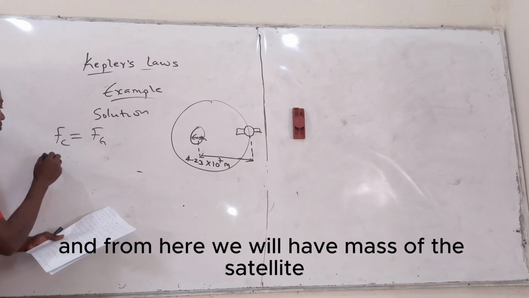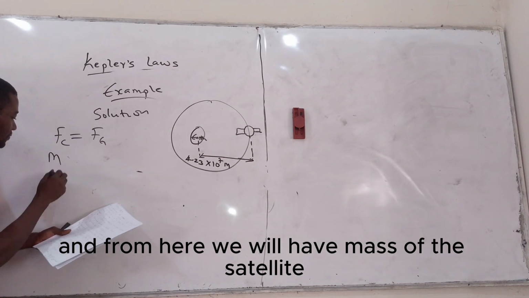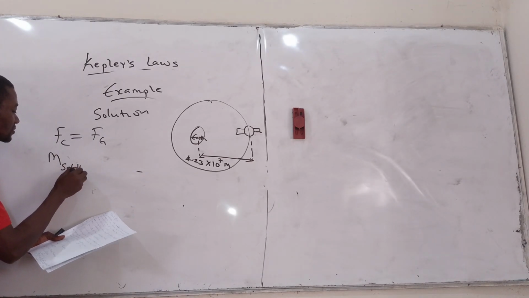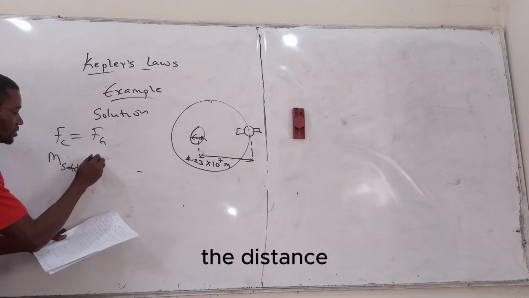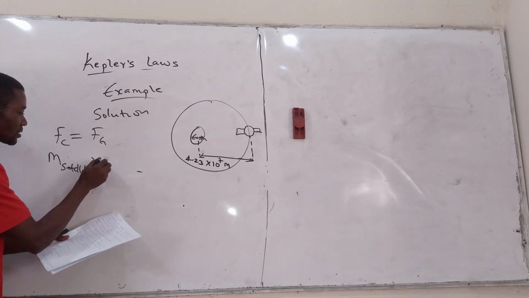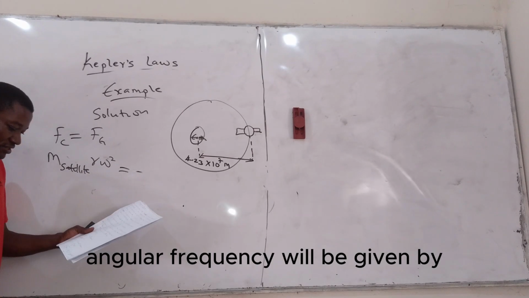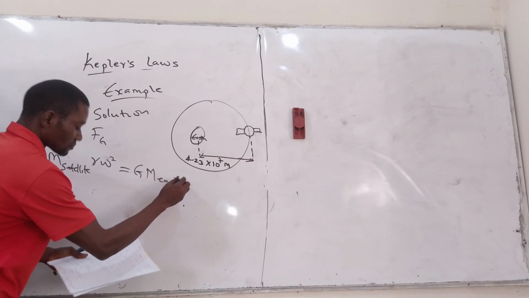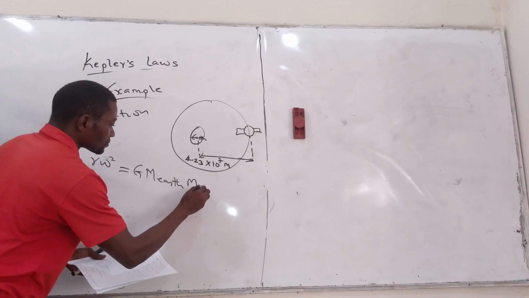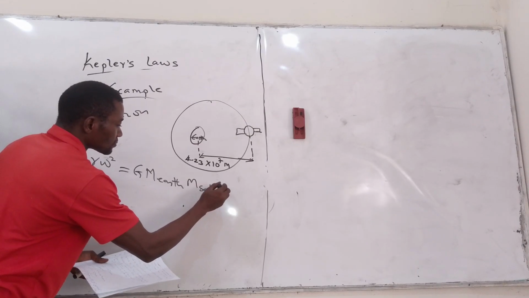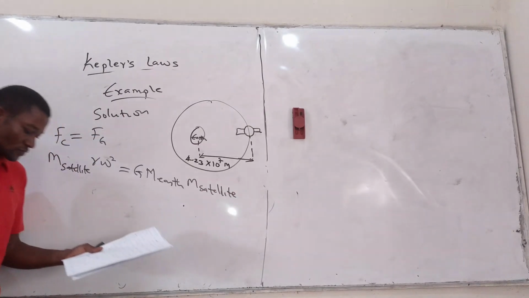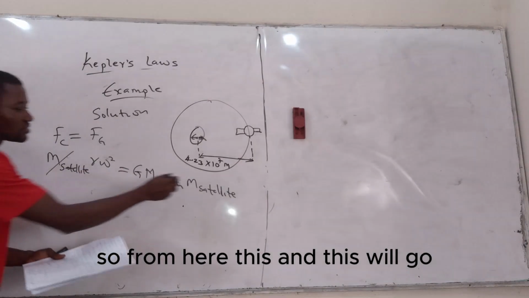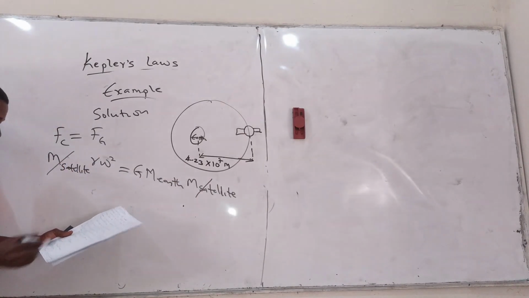And from here, we will have mass of the satellite, the distance, angular frequency will be given by... so from here, this and this will go.